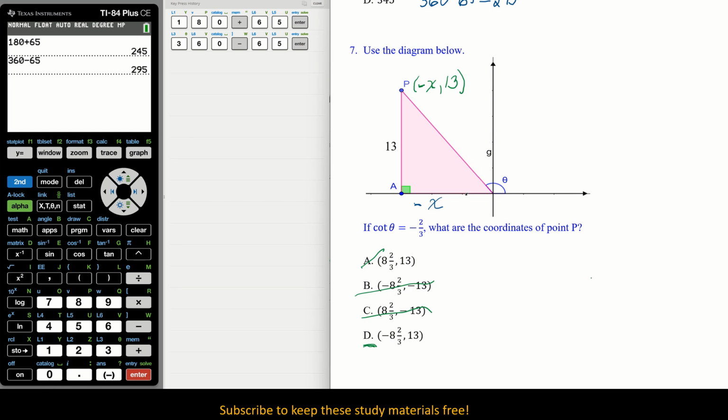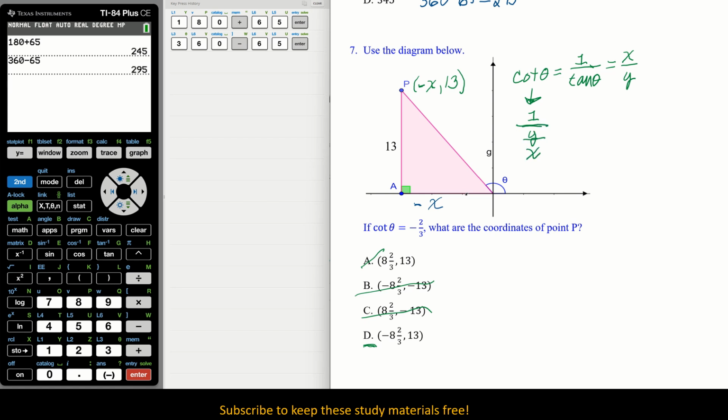We know that they're asking what is the point. We know that cotangent of theta actually equals 1 over tangent theta. Okay, and that means that we have x over y because we really have 1 over y over x.